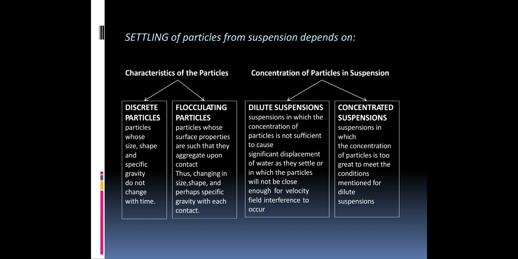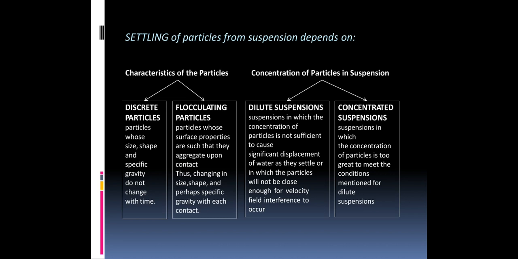The settling of particles from suspension depends upon the characters of the particles and the concentration of particles in suspension. Characters of particles are of two types, discrete particles and flocculating particles. Concentration of particles in suspension is of two types, dilute suspensions and concentrated suspensions.